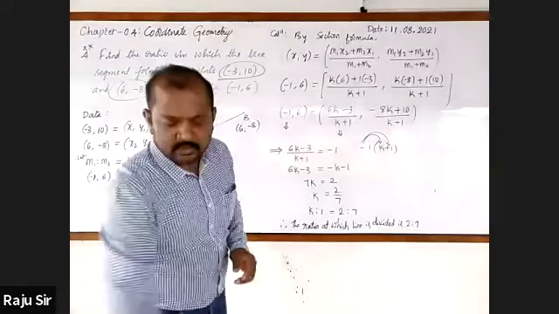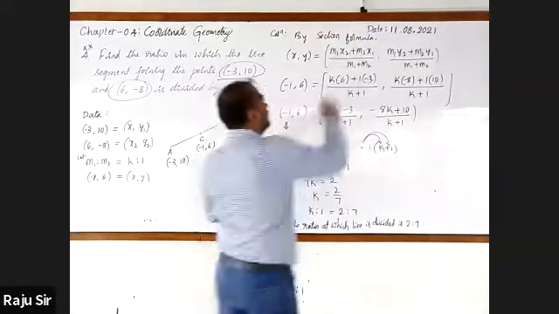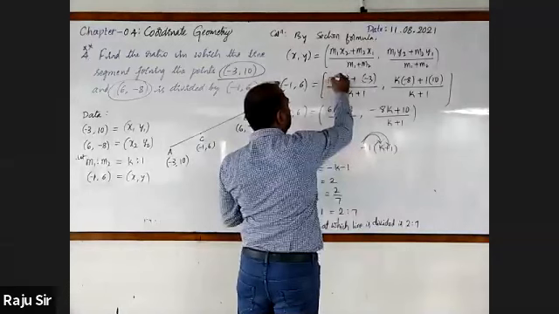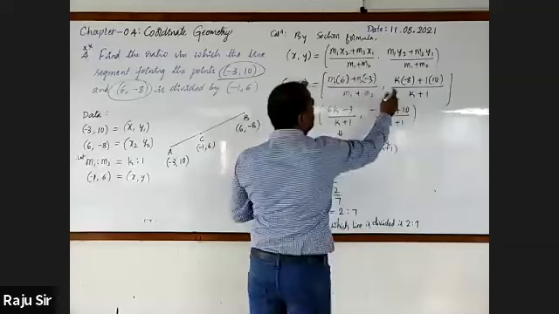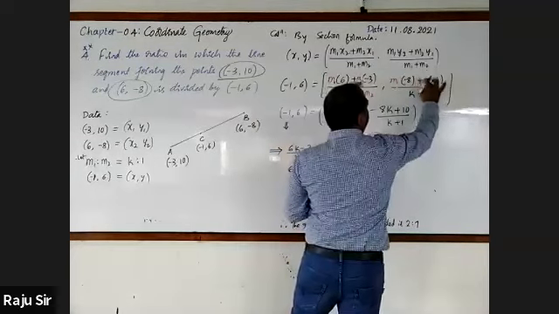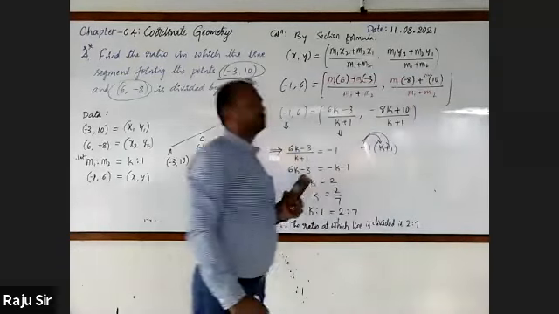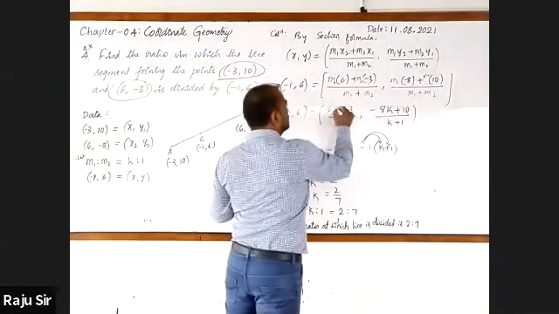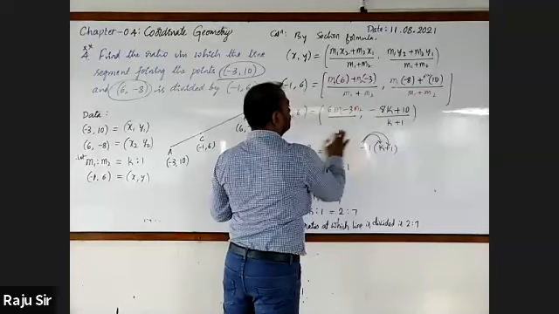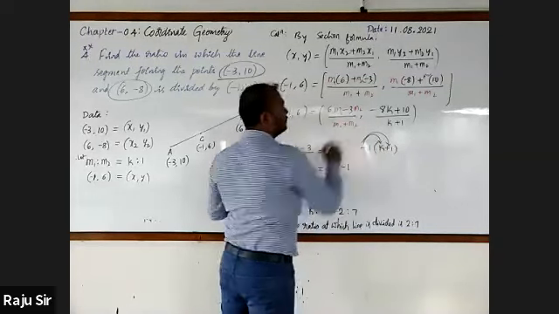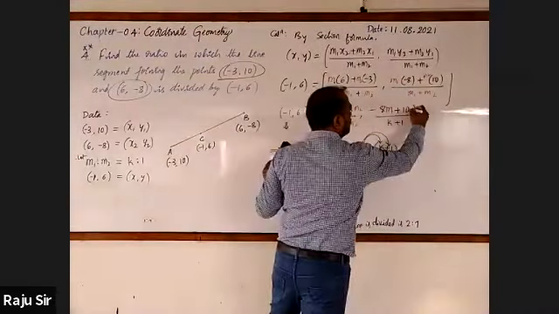Don't write anything, just observe. Here, in place of k and 1, I'll write m1, m2. This is m1, m2 over m1 plus m2. Then this will be 6m1 minus 3m2 over m1 plus m2. Then this is minus 8m1 plus 10m2.